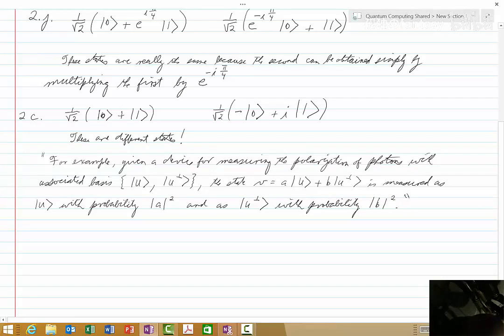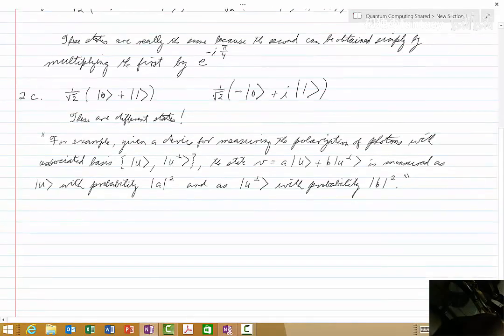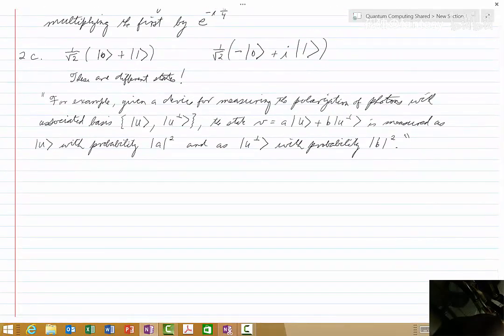So this one sentence gives us the key as to how we should solve this problem. And it's rather interesting because if we choose the wrong basis, it simply won't work. We'll get the same probabilities for both of these states, even though they are different states. So let me show you exactly what I mean here.